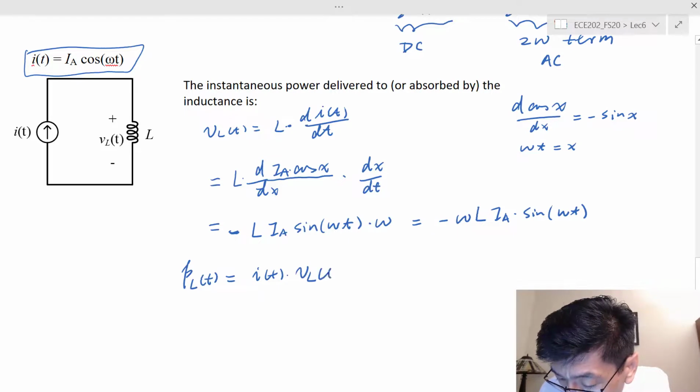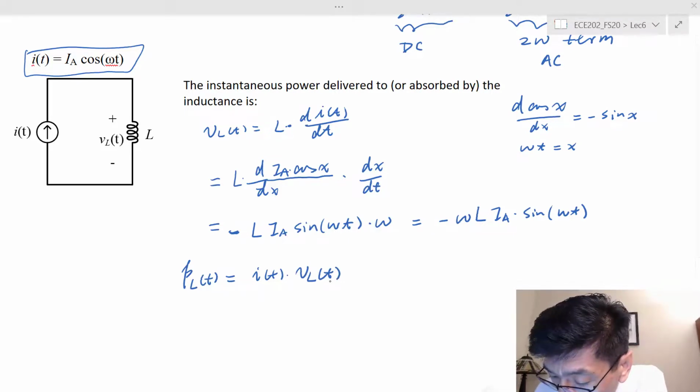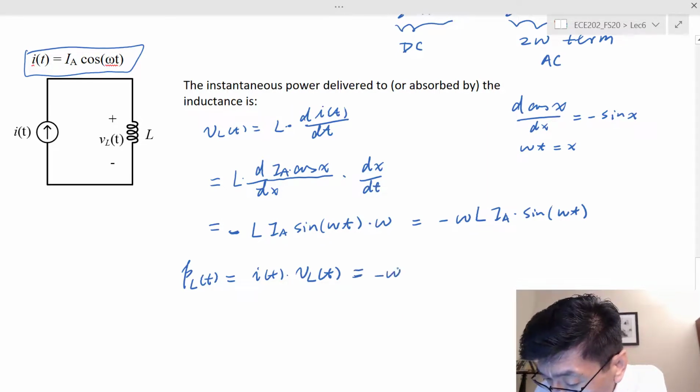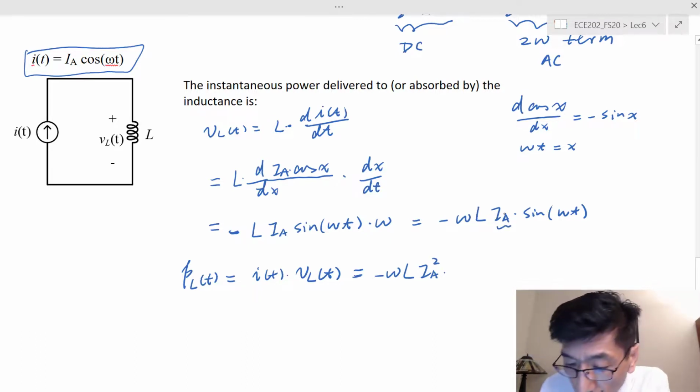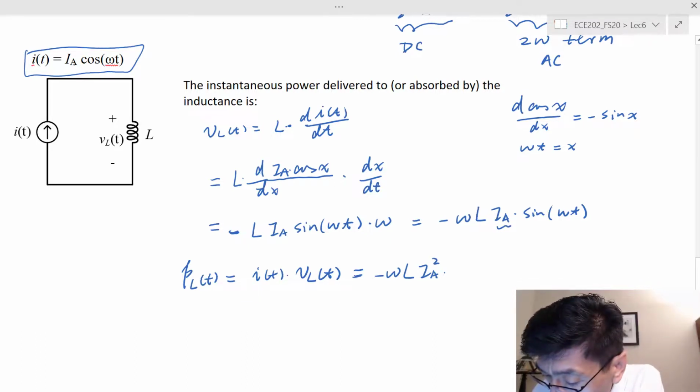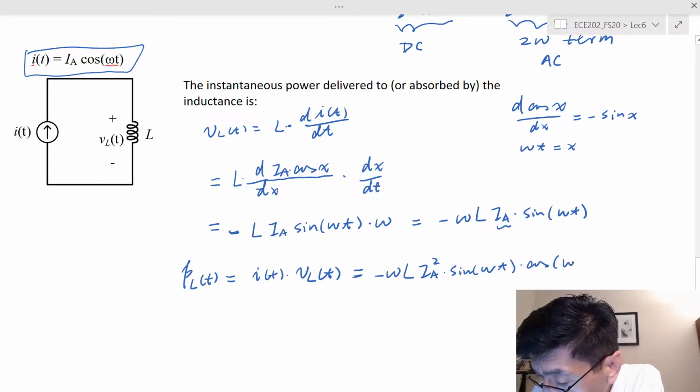And if I do the instantaneous power, P sub L(t) is equal to I(t) times V sub L(t). So we substitute that back, and in this equation we have negative omega L IA squared, because I have IA here and also IA from I(t), and therefore I have sine omega t and cosine omega t.